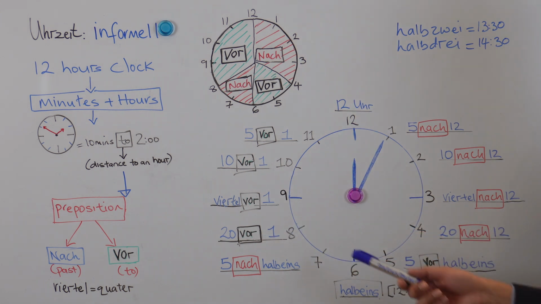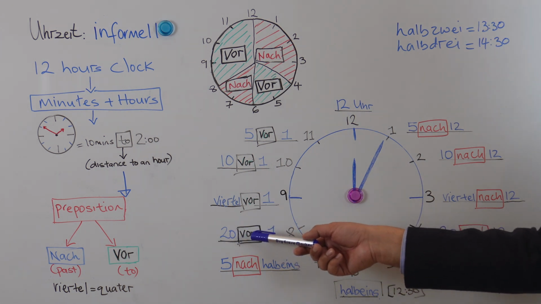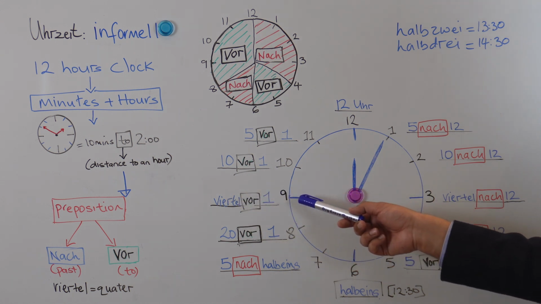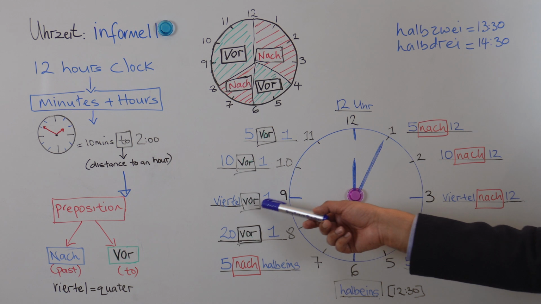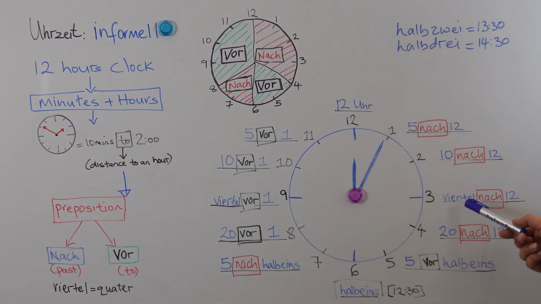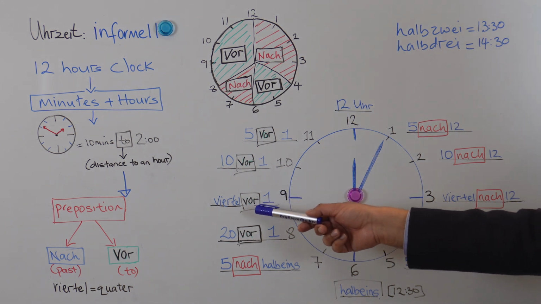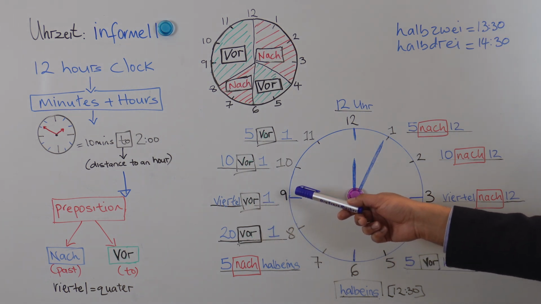So 20 vor eins. And similarly at 9 you will say Viertel vor eins, that means quarter to 1.